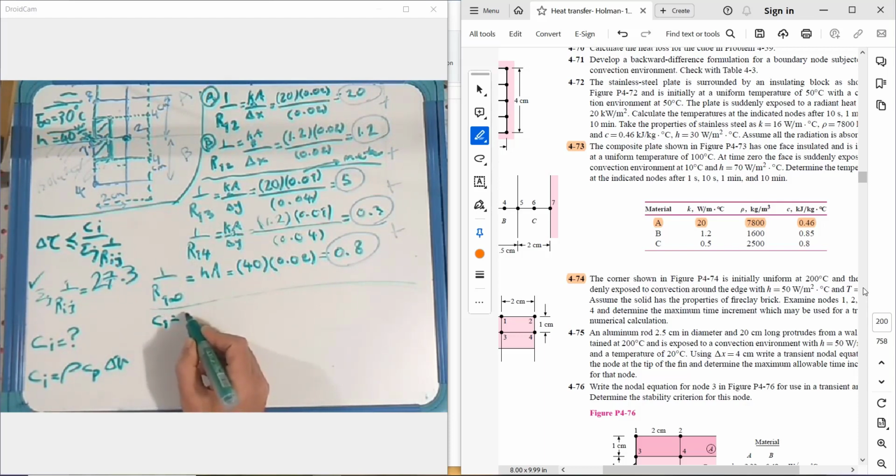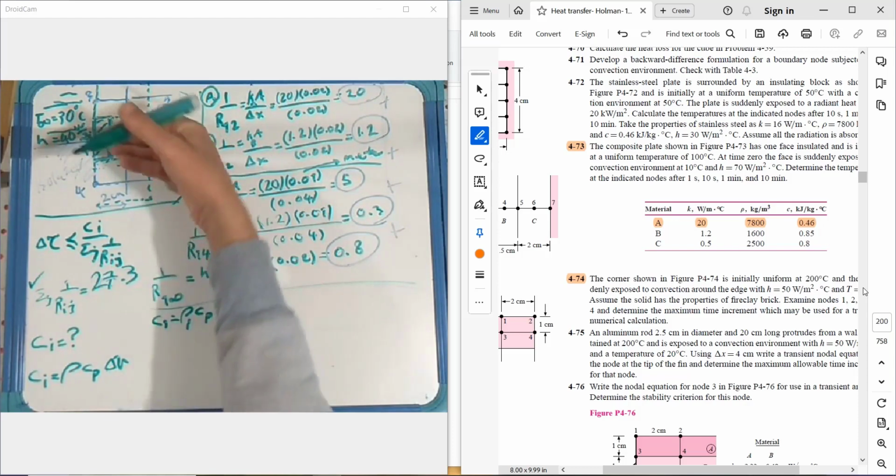Just wanted for 0.1, C1, rho 1 Cp. It's better to say it this way, because it has 2 sections.